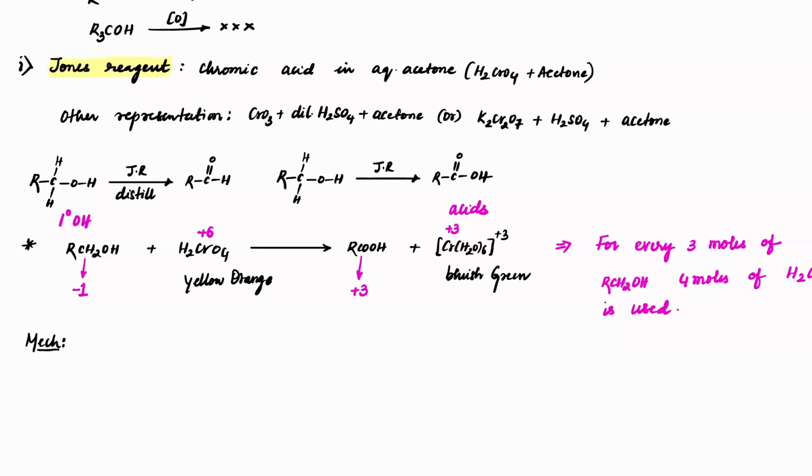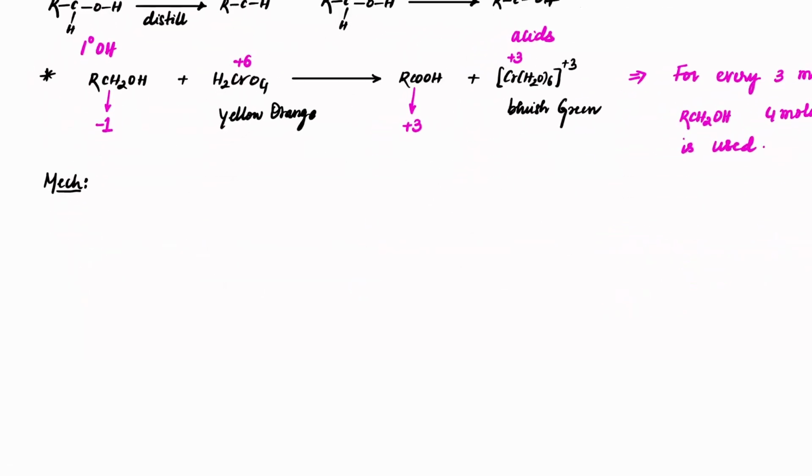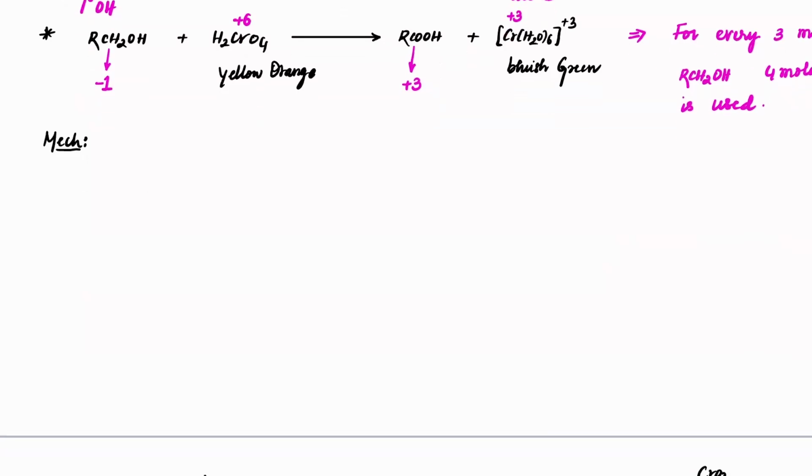Let's see how the mechanism operates for Jones reagent. See, first, if you have an alcohol here, that is RCH2OH, reacting with chromic acid, Cr double bond O, double bond O, OH.